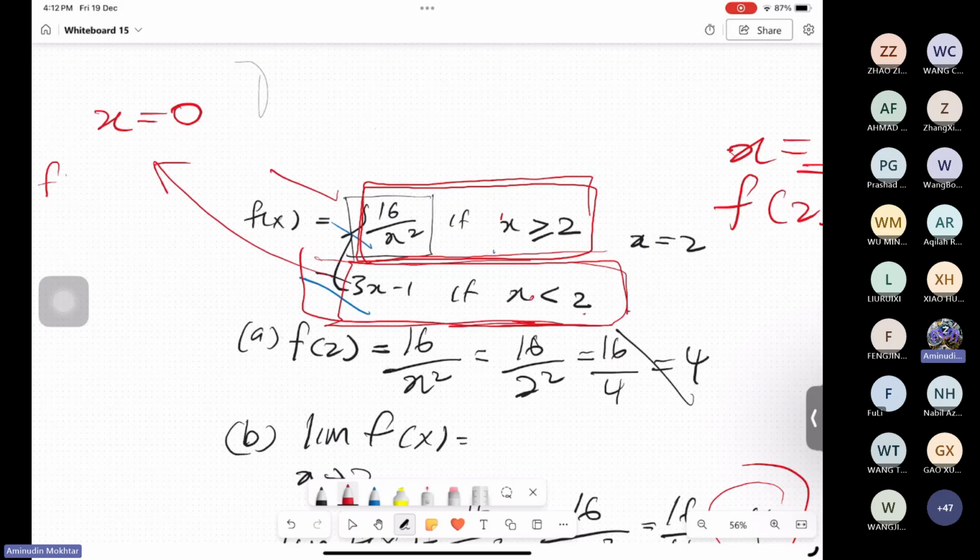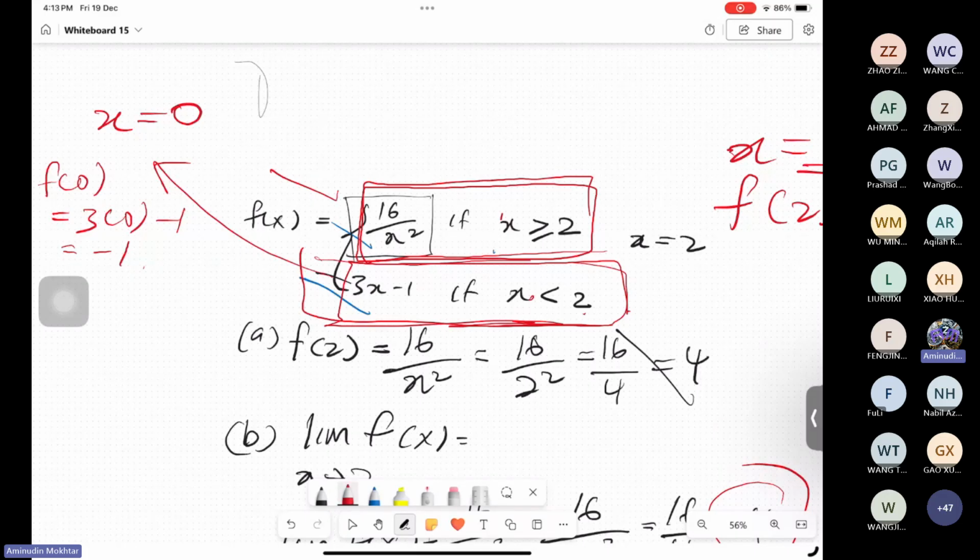So f(0) is equal to 3 times 0 minus 1, that is equal to -1. Is that clear?